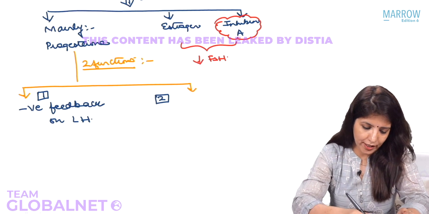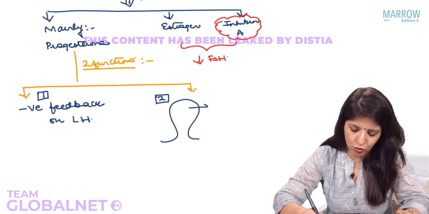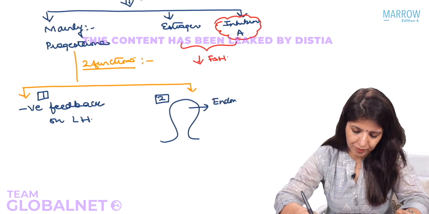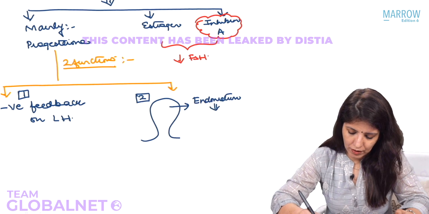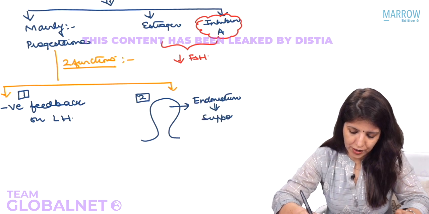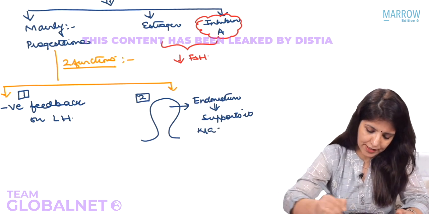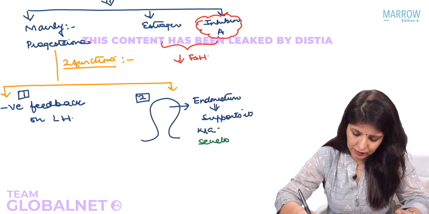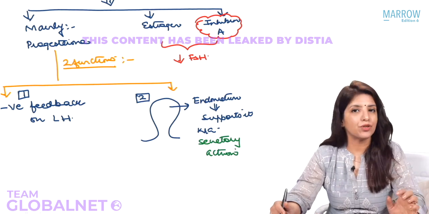So the second work of progesterone is it acts on the uterine endometrium and supports it. This is called the secretory action. Have you understood till here?